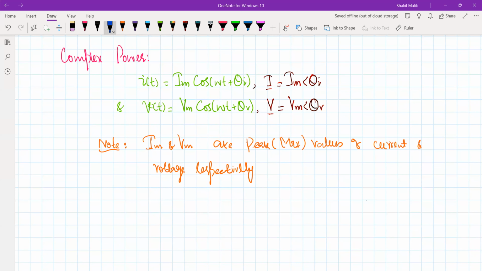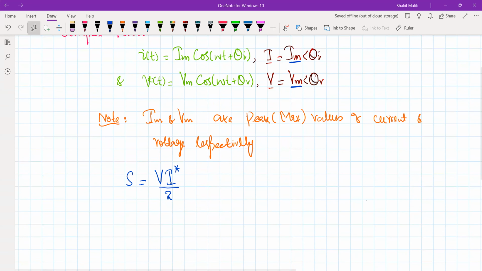So how do we define the complex power? The complex power is denoted by the capital letter S, and it is defined as the voltage phasor multiplied by the conjugate of the current phasor, divided by 2. If voltage is given in terms of the peak value Vm, and current by the peak value Im, then complex power is defined like this.